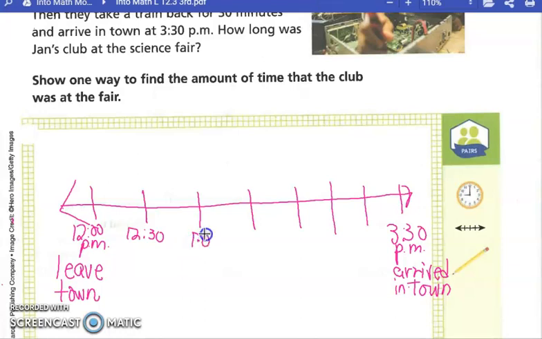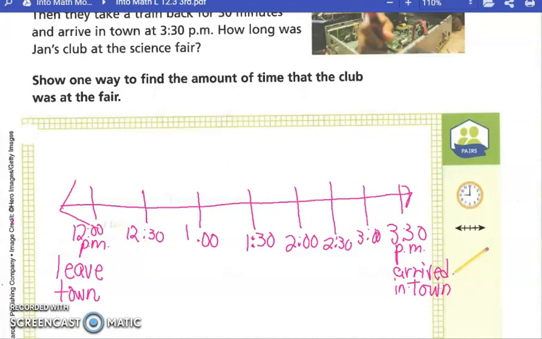And we're all in the p.m. This is 1:30. This is 2 o'clock. This is 2:30. And this one is 3 o'clock. Okay? Okay, give me a thumbs up when you have it.